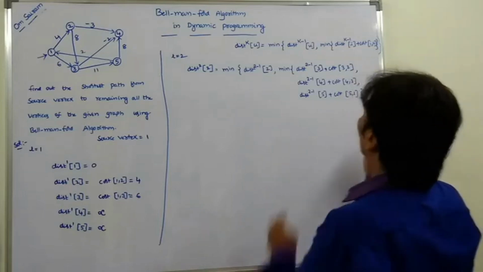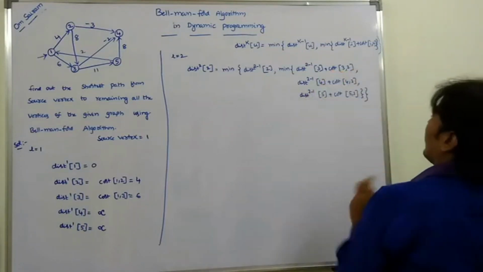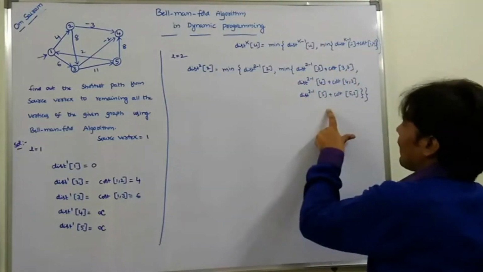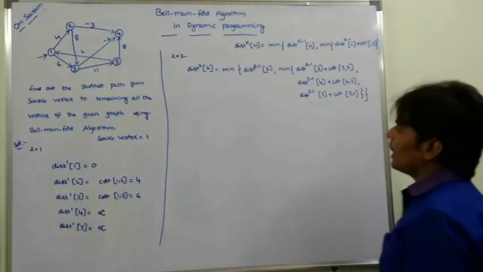So among them we have to find out the minimum value. Whatever the value we are getting, this value and this value, we have to find out the minimum.